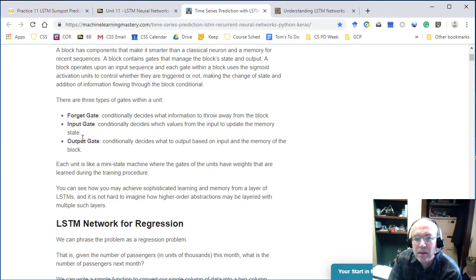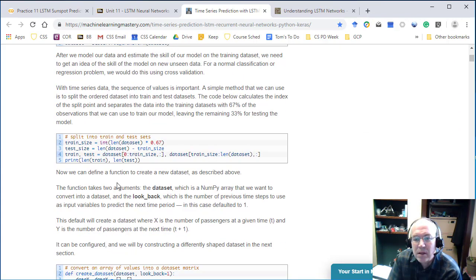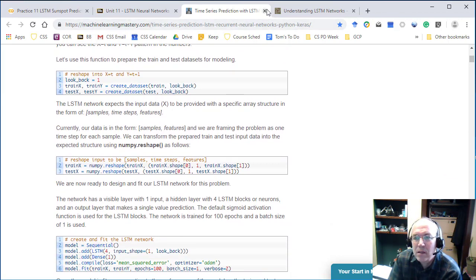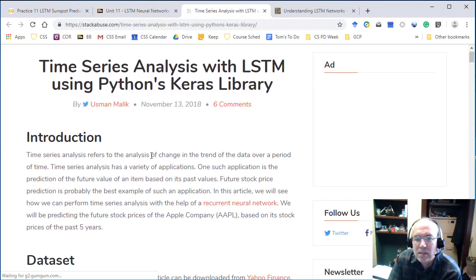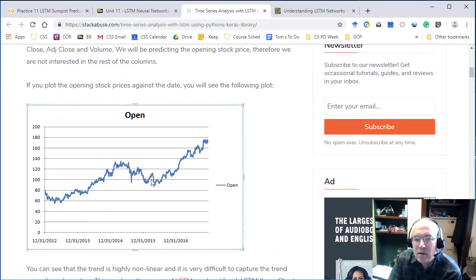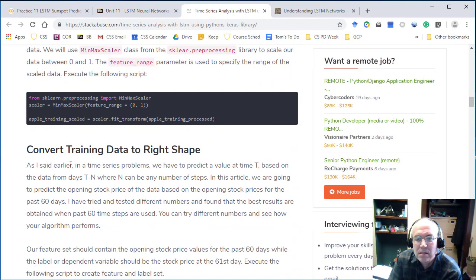It talks a little bit about these long short-term memory networks and setting things up. We're going to do different examples here, but I thought these might be two examples you might want to look at. One predicts with passenger data, and this one looks at stock data, trying to predict Apple stock prices over time. And again, it walks through some of these setups.